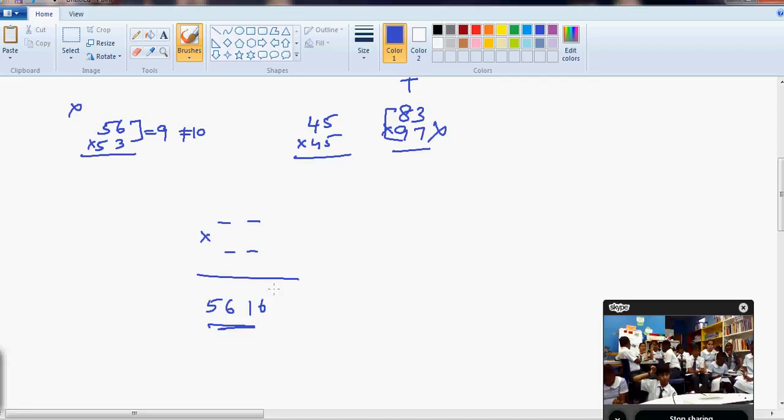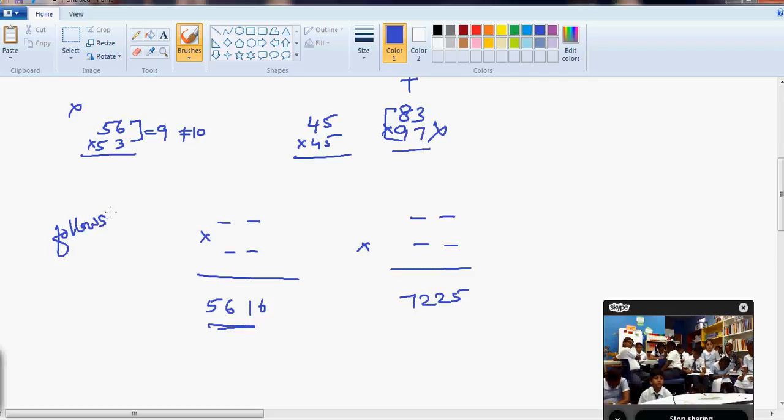So we can take a minute maybe. I can put one more problem over here so that those who finished can think about the other one. The clue is it follows the pattern. It follows the pattern that we just saw.